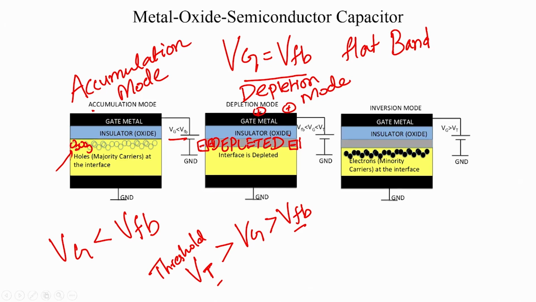And then when you start increasing Vg further and further, you will reach a point where Ei starts going below EF at the interface, and electrons will start appearing at the interface.